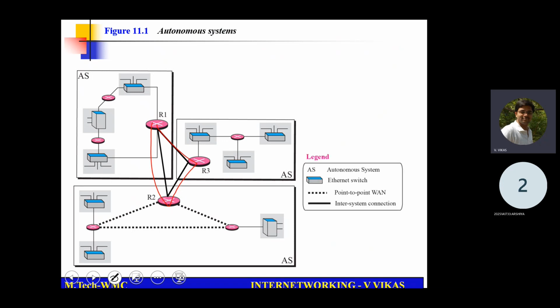The same thing is described here. What is an autonomous system? Then Ethernet switches, different devices, and different types of topology. This represents point-to-point links, and all the others represent normal connections.